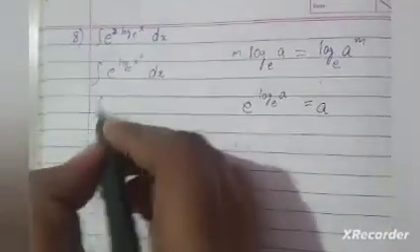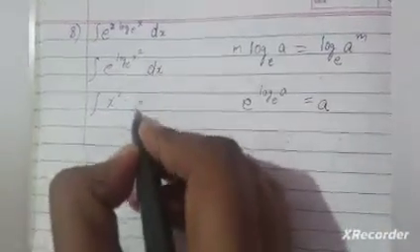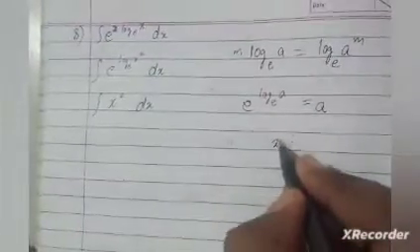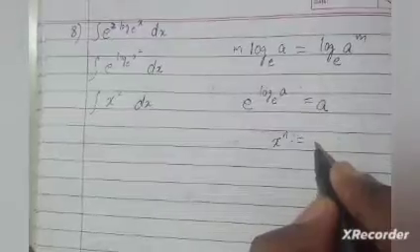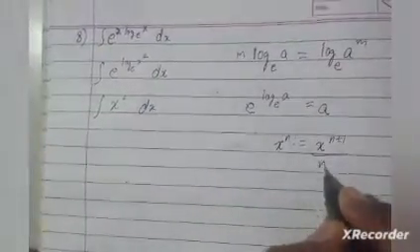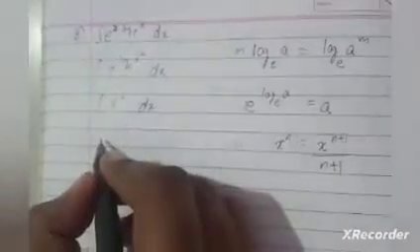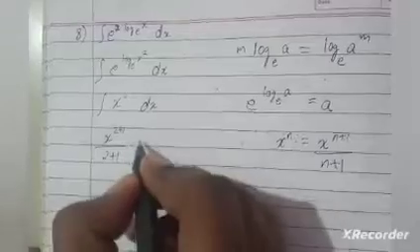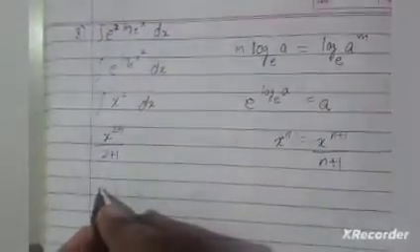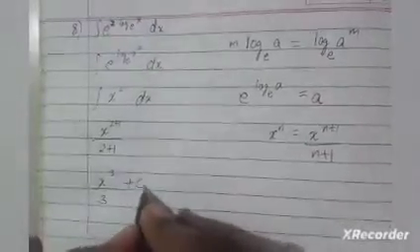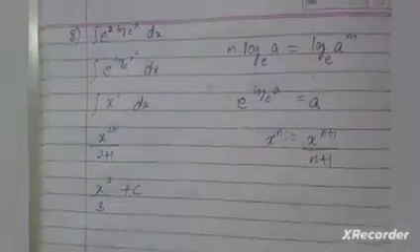So we can write this as x square directly. Now for x square we have integration formula x to the power n, which is equal to x to the power n plus 1 divided by n plus 1, which is x to the power 2 plus 1 divided by 2 plus 1, which will give us x cube by 3 and plus c, which is constant of integration.